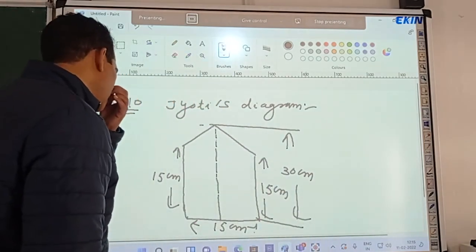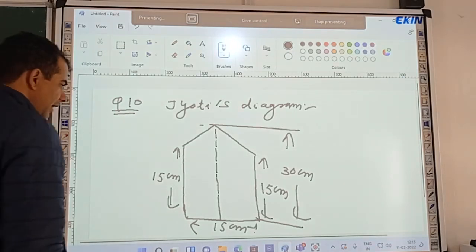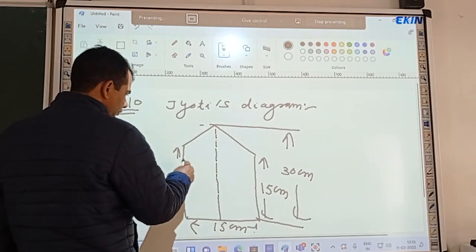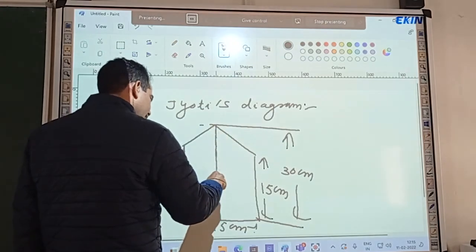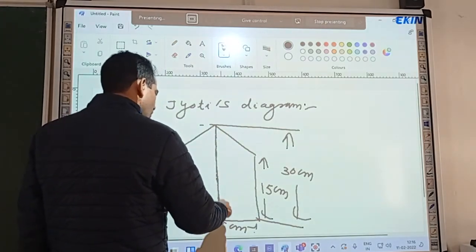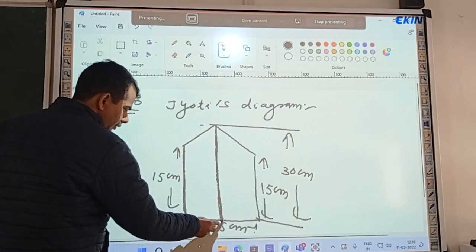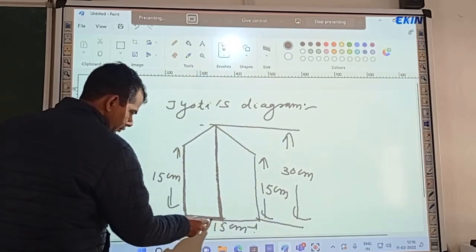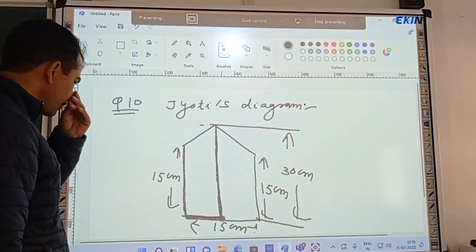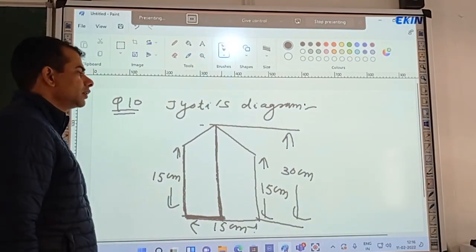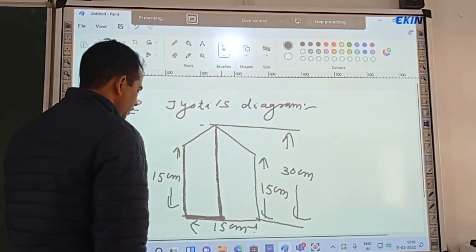Now we have to find out the area of this diagram. These are parallel lines, and the distance between them is 7.5, that is 15 divided by 2.